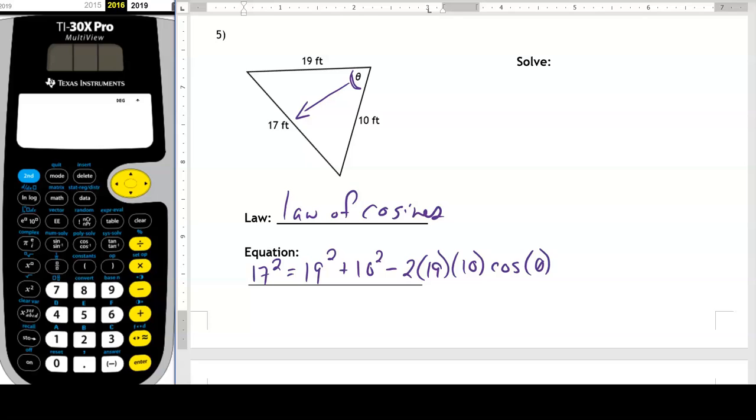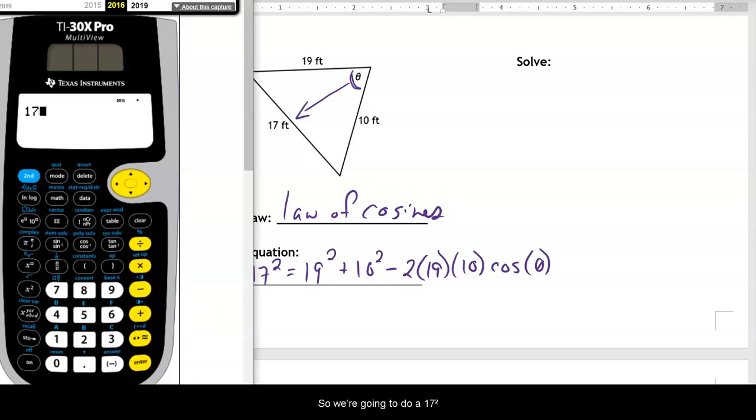Okay, so now we need to solve this, and for most of this it's just going to be rearranging and then letting our calculator do the work for us. So the first thing I'm going to do is some simplifying with my squares.